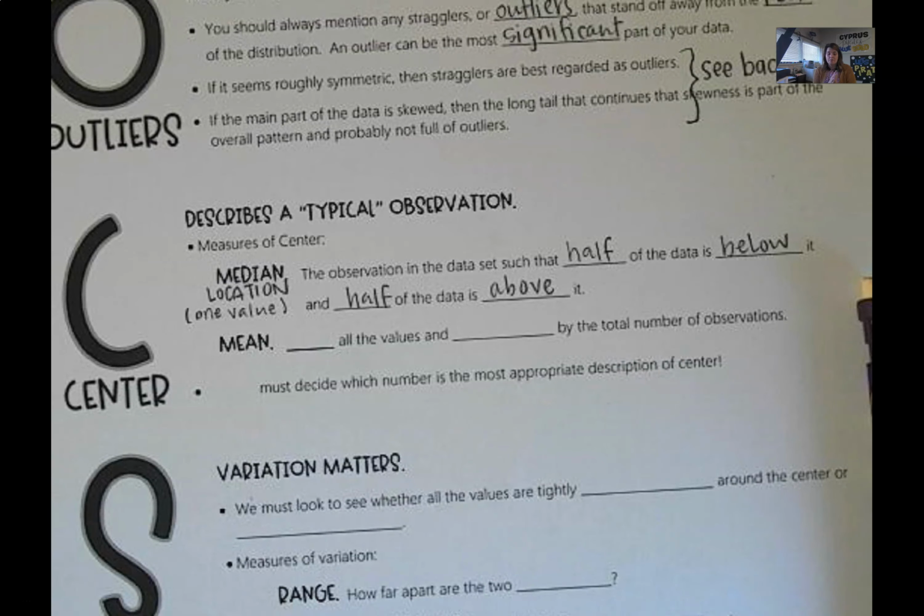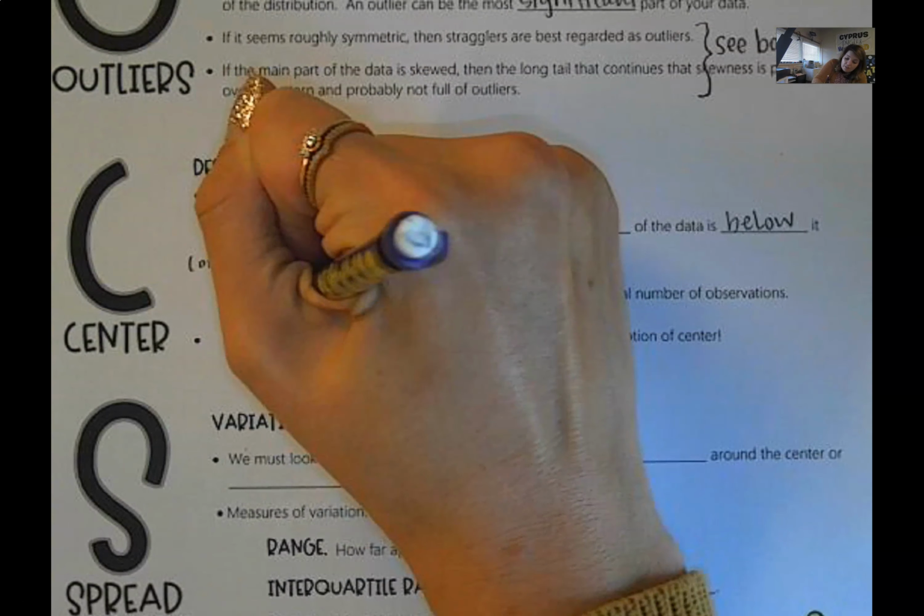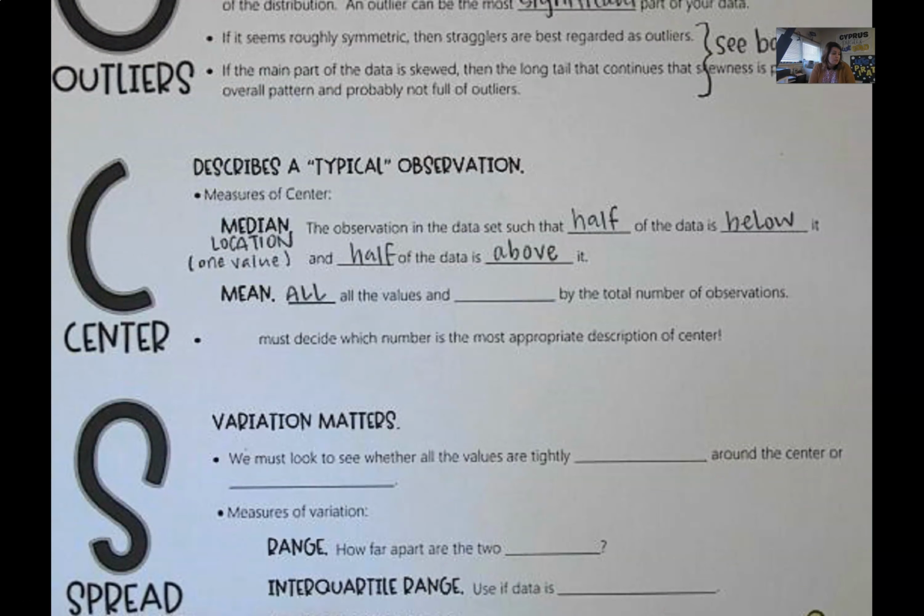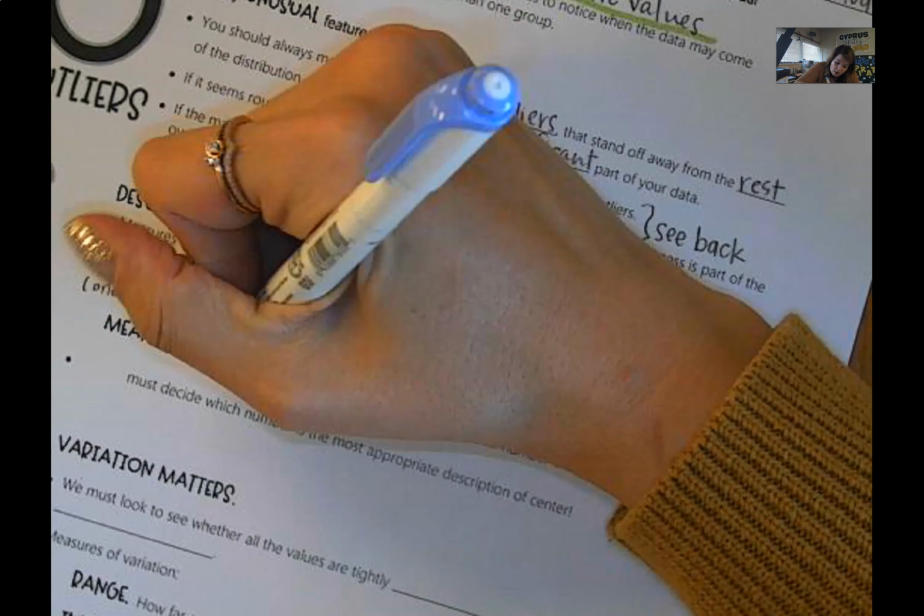Now, that is different than the mean, because to calculate the mean or the average, we add all of the data values. That is the biggest difference, and I'm going to highlight that. In order to calculate the mean, we add all of the observations.